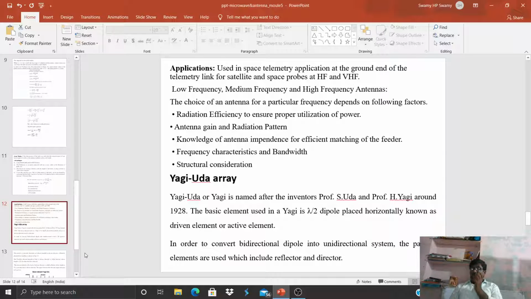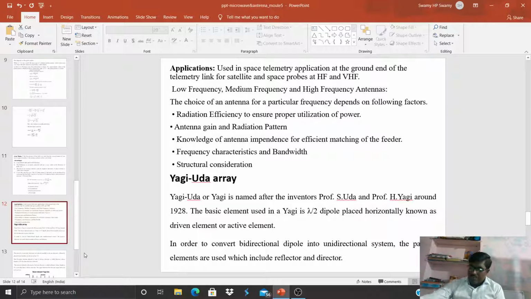Particular frequency means low frequency, medium frequency and high frequency antennas. The choice of an antenna out of these three categories depends on the following factors: radiation efficiency to ensure proper utilization of power, antenna gain and radiation pattern, knowledge of antenna impedance for efficient matching of the feeder, frequency characteristics and bandwidth, and structural consideration. So this is about the axial mode operation of the helical antenna.